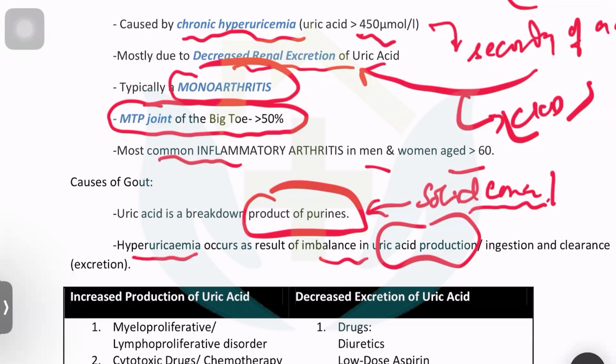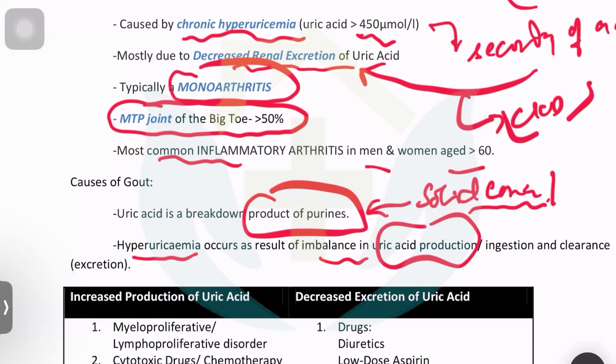So this leads to obviously more uric acid formation. That is why when patients with these kinds of malignancies are started on chemotherapy, the uric acid load suddenly increases, leading to gout, and sometimes uric acid encephalopathy also occurs. So the uric acid production is increased in malignancies, and specifically when the malignancies are treated by chemotherapy.